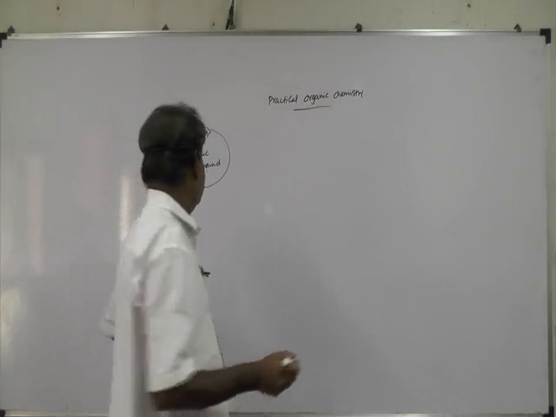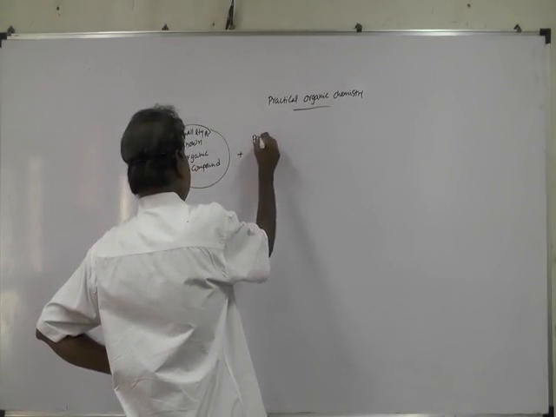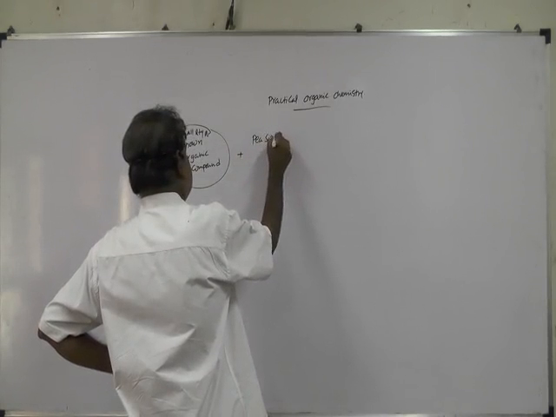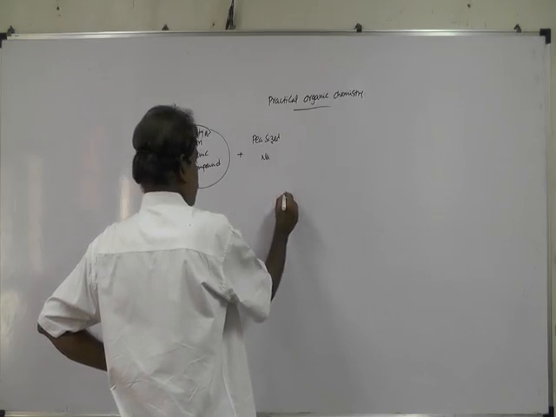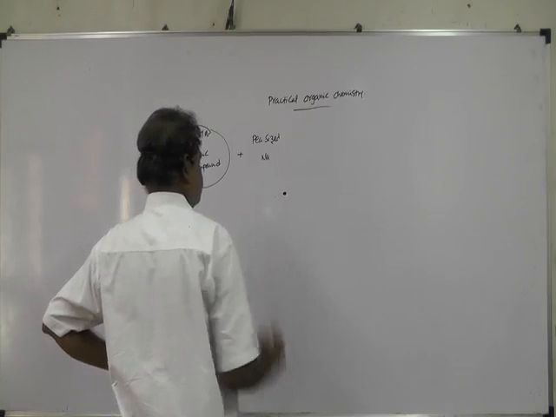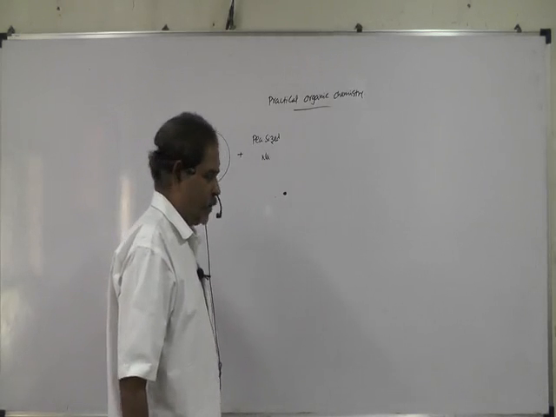Now, take the unknown organic compound and pea-sized sodium. That means if you take this much organic substance, you have to take a lot more sodium, 100 times more.